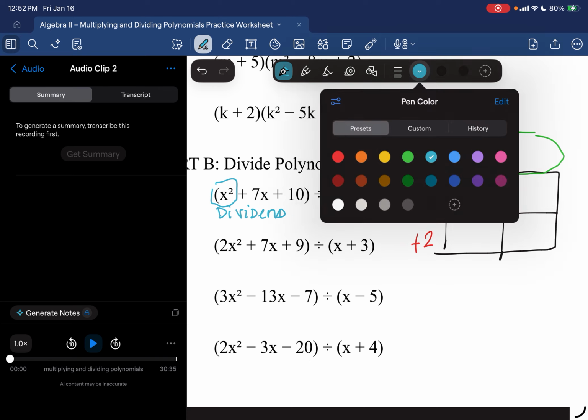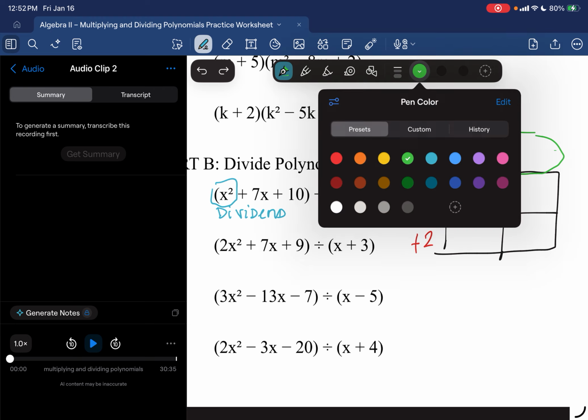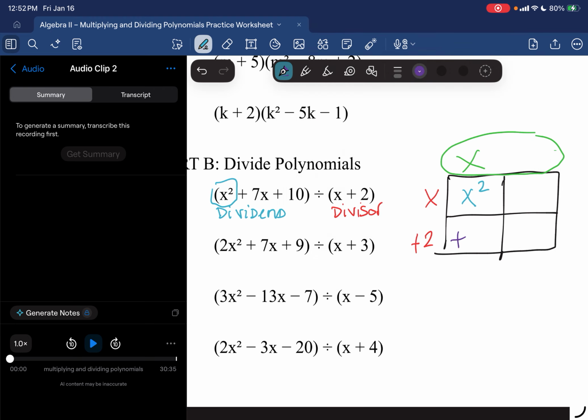Okay, and then you ask yourself, what times what gives you x squared? X times what gives you x squared? X times x gives you x squared. Then multiply. What's 2 times x? 2x. Make sure you put your plus 2x.